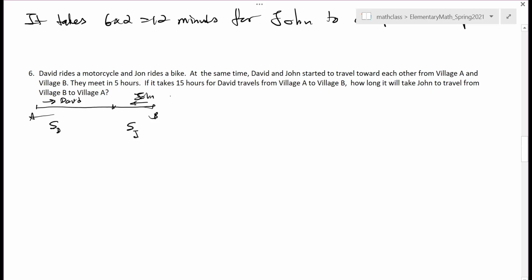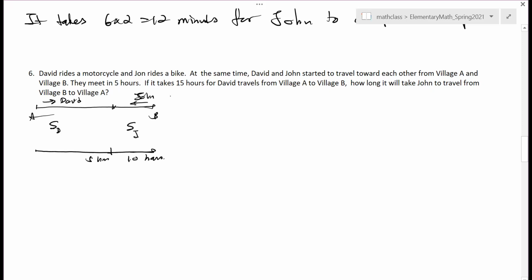So let's find the relationship between their speeds. They meet in 5 hours, but David continues traveling in that direction. So 5 hours is here, then he has to travel an additional 10 hours.